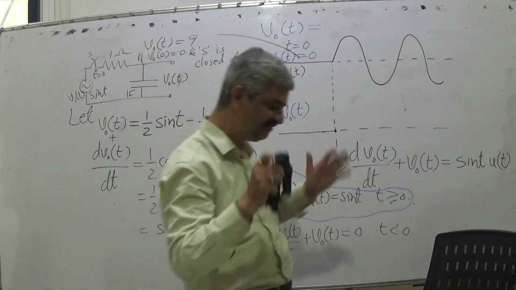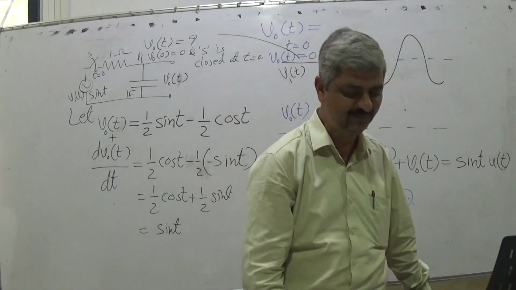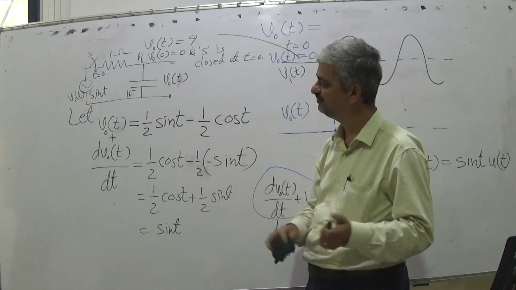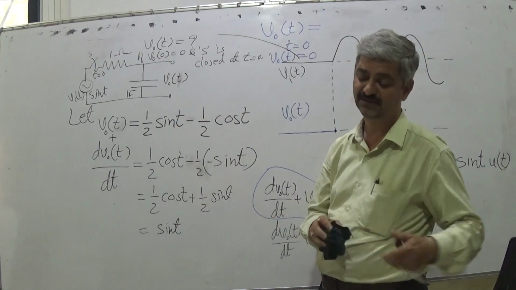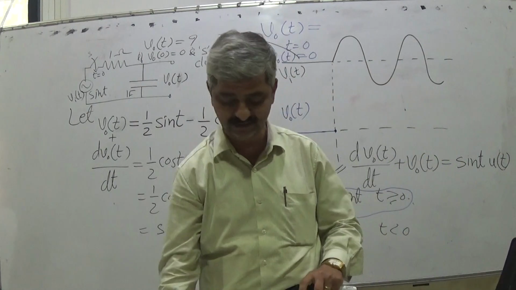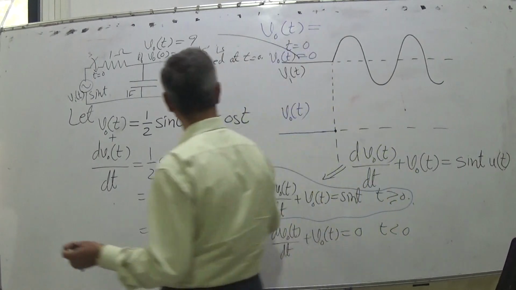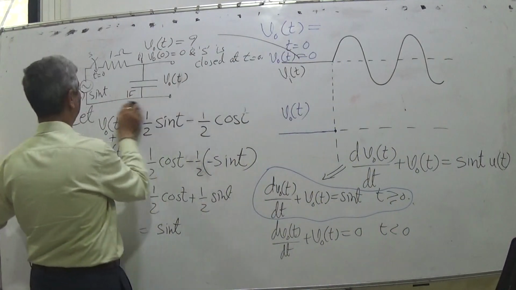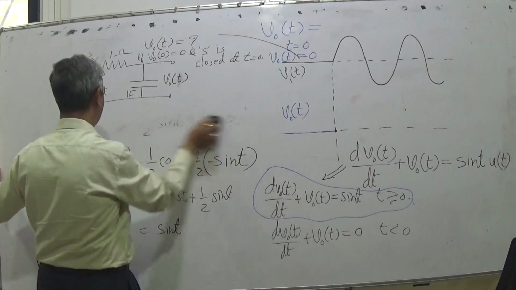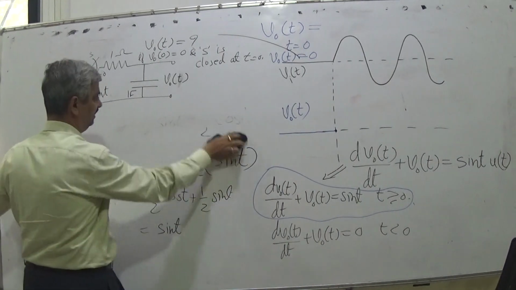So I am very much happy now. Yes, I got the solution. What is the solution? Solution is VOT equal to half sin t minus half cos t.